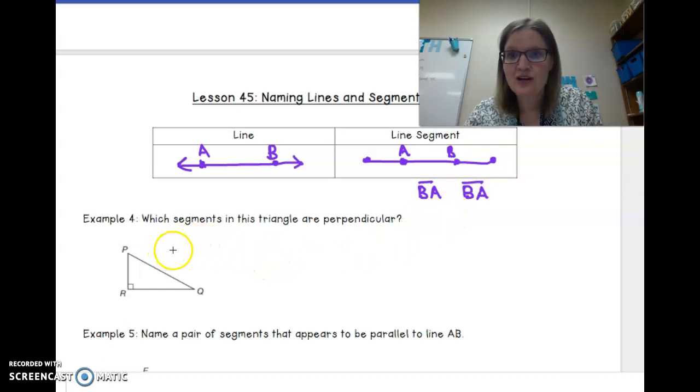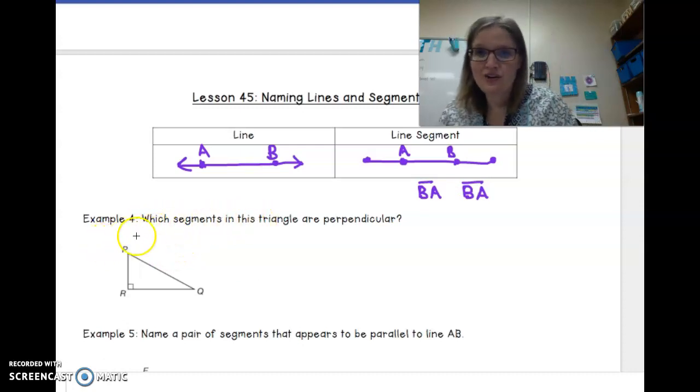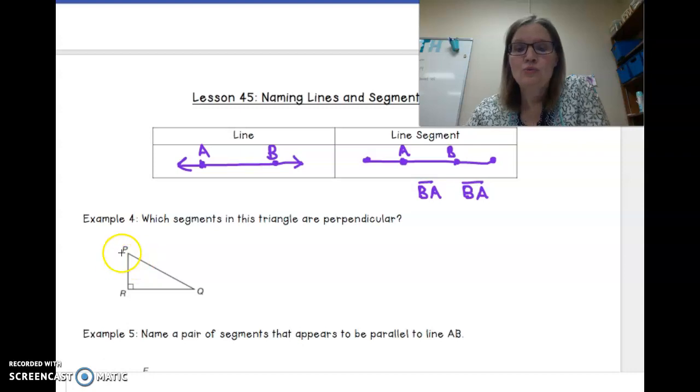We also need to talk a little bit about which segments of this triangle are perpendicular. When we say perpendicular, it means that it is a 90-degree angle. And here we have 3 angles, this one, and then this one.